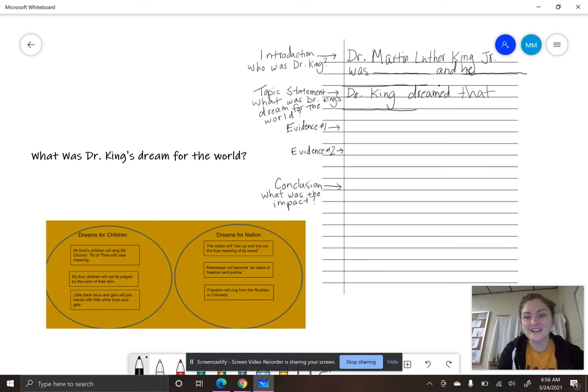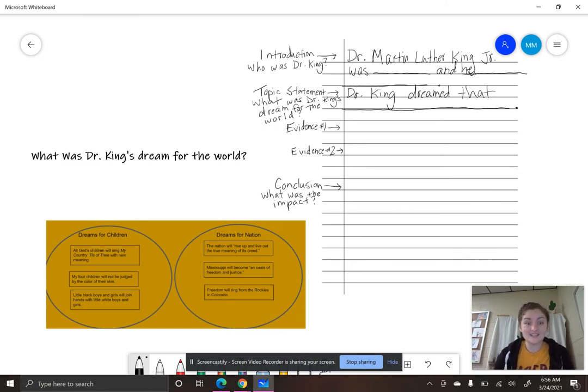Oh, you're going to give that to me, Smarties. Okay, so we have our introduction. We're going to make sure to tell our reader who Dr. King was and something important that he did. We've read 2 texts about something important that he did. What did he give? He gave a speech. Okay, and we are going to tell in our topic statement what his dream was.